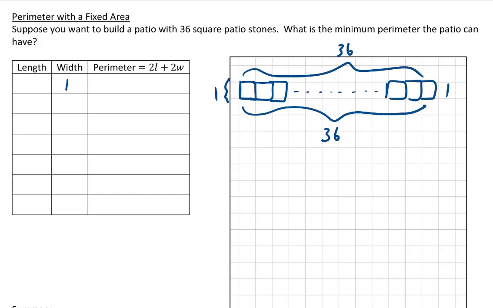We have 36 plus 36 plus 1 plus 1. And remember, our formula for perimeter is 2 lengths plus 2 widths. So we have 2 times 36 plus 2 times 1, which tells us we have a perimeter of 74 units.